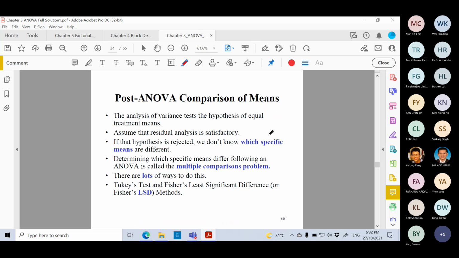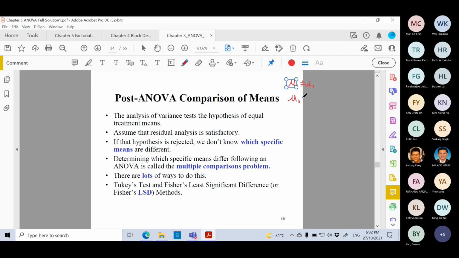I continue our story with the previous example. Just now our result showed that there is a significant difference. This means that the mean for 1 may not be equal to the mean for 2.